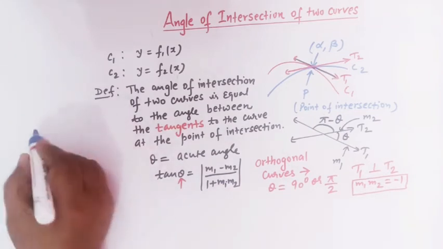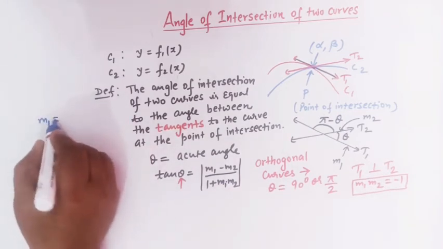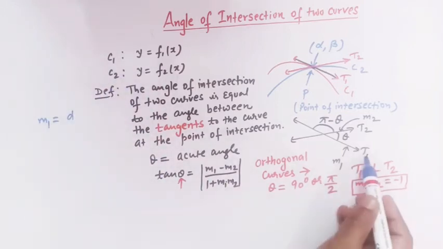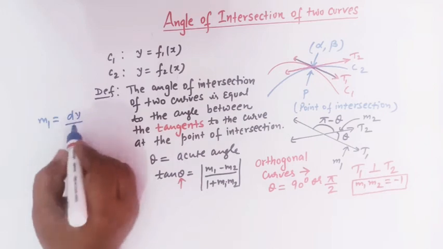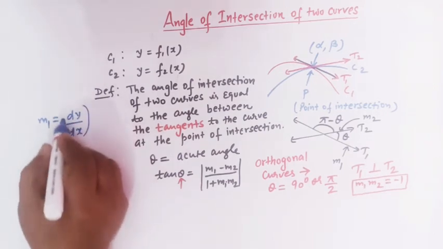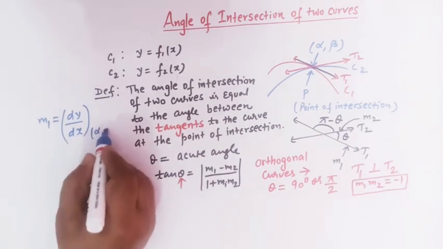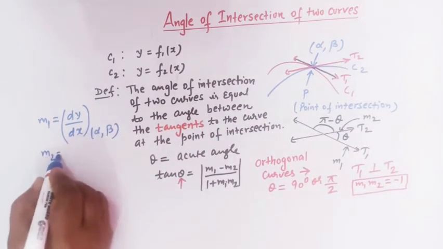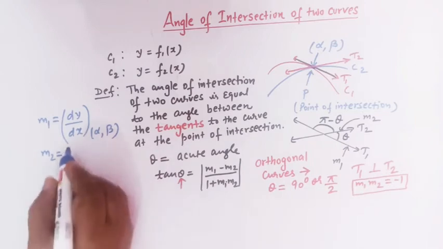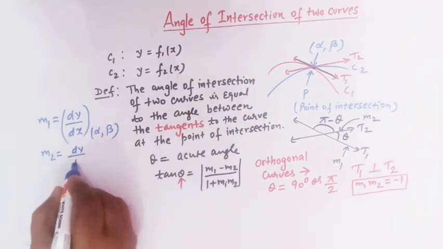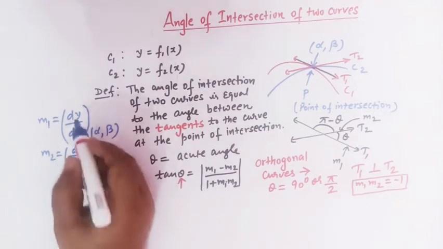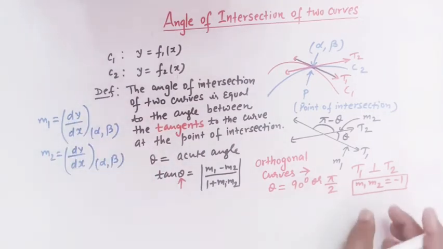So we can write m1 is equal to the slope of this tangent T1, so dy over dx at this point alpha comma beta, right? And m2 is the slope of this tangent at the point alpha comma beta, right? So the product of these two slopes should be equal to minus 1.